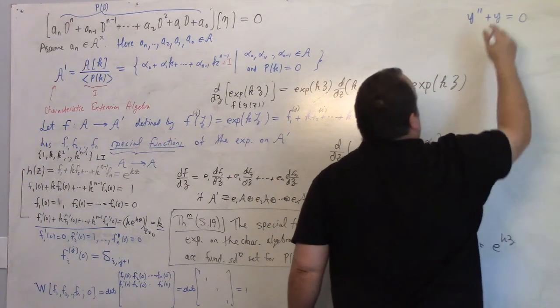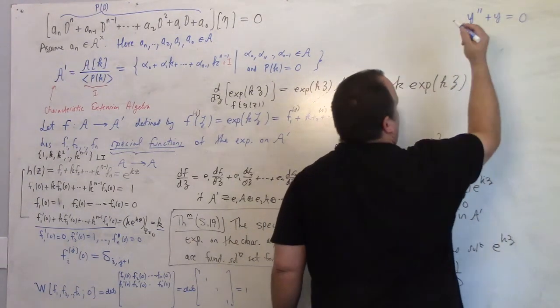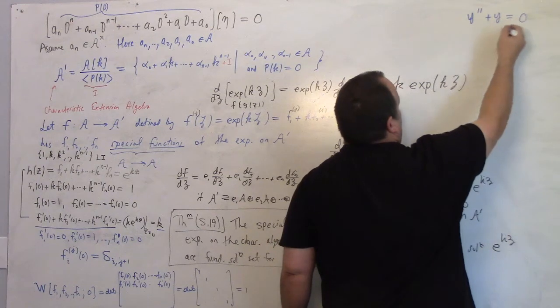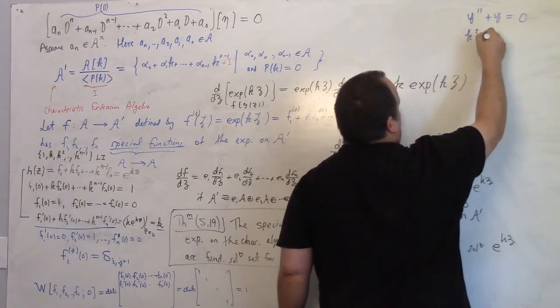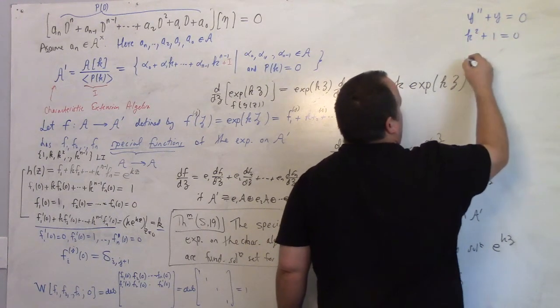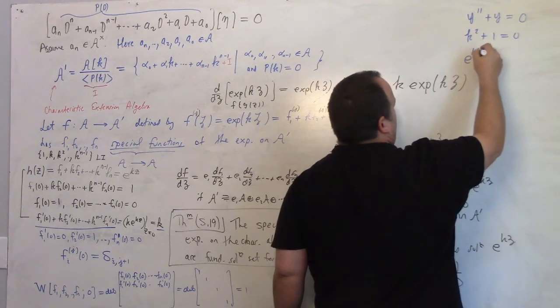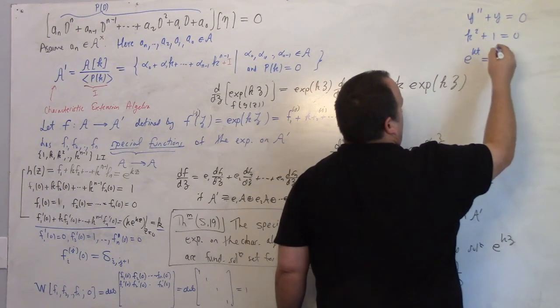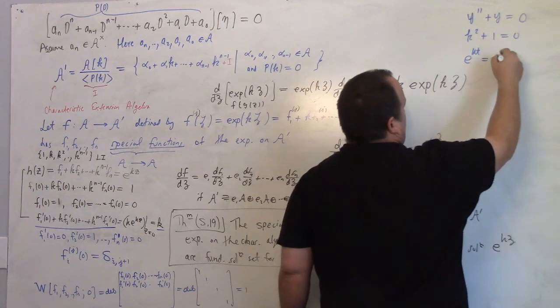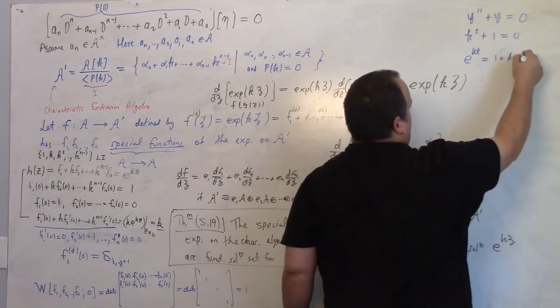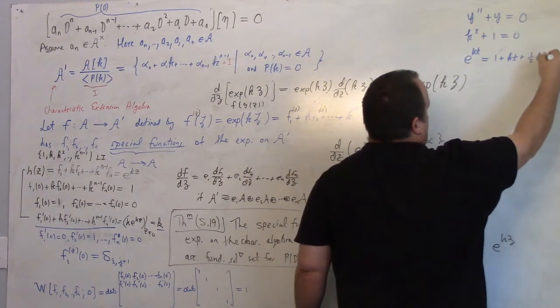So I'm going to work on an algebra such that k squared plus 1 equals 0, and I take e to the kt, so that's 1 plus kt plus 1/2 k squared t squared, and so forth.